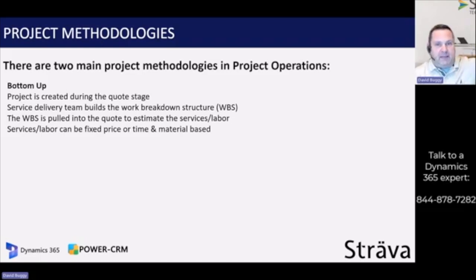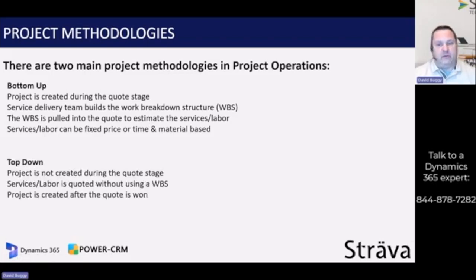And then that gets pulled back into the quote. And that then becomes the labor side of the quote, right? So it's a really nice way of getting accurate quoting in the sales cycle for services. Right? Services also, by the way, can be fixed price or time and material based. So for every quote that you have, you can set it to fixed price or time and material.